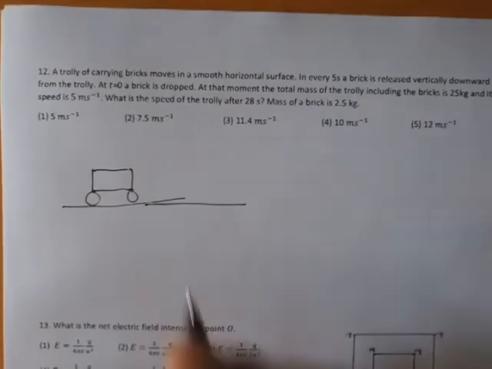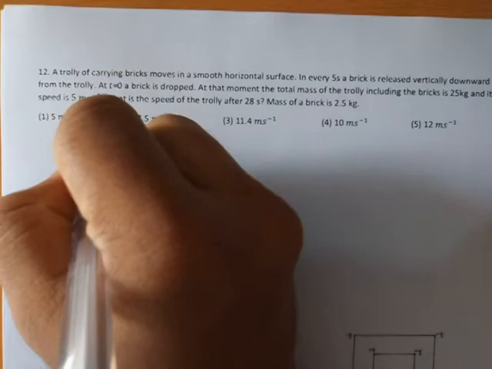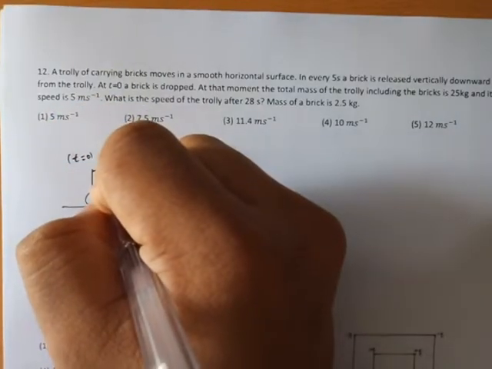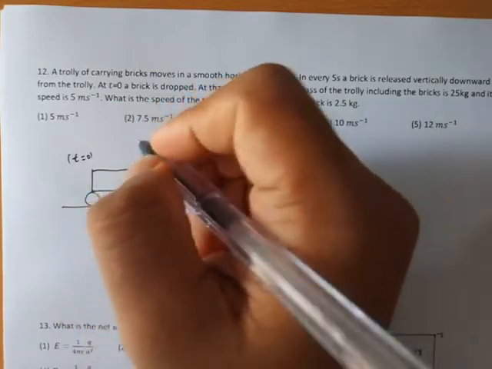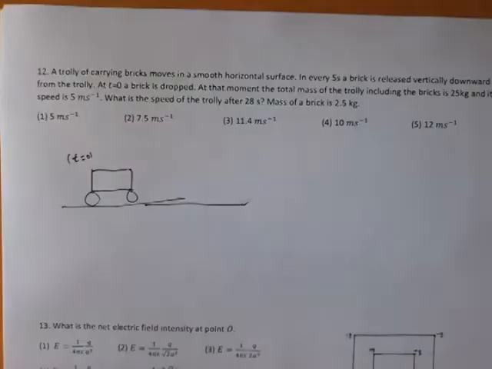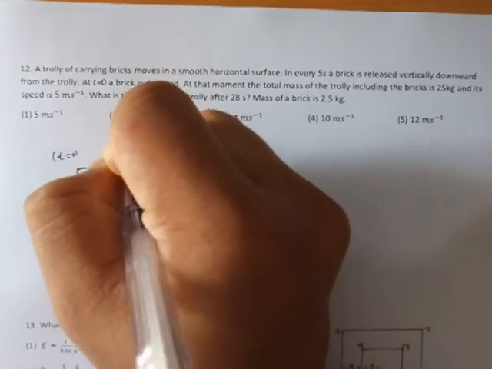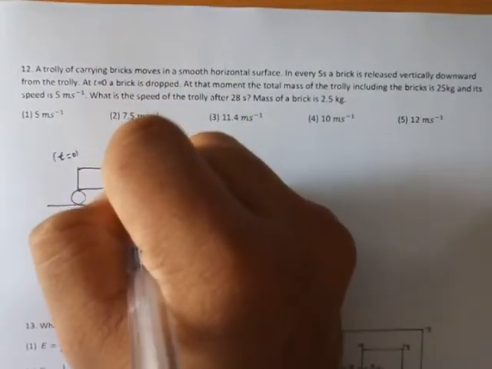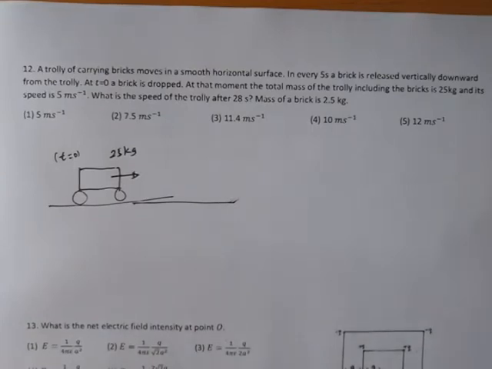Okay, so let's say at t equals 0, it says at t equals 0 a brick is dropped. And the total mass of the trolley including the bricks is 25 kilogram, and the speed of the trolley is 5 meter per second.